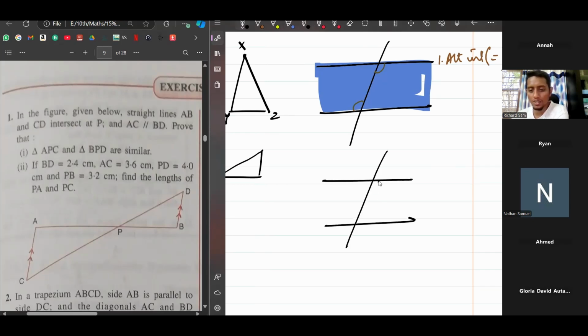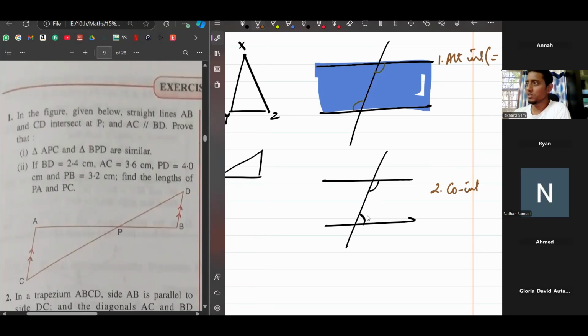Next property, this and this. What do you call this? Are they interior? Yes, both are interior and both are on the same side, so they are called co-interior. Remember this? Now, co-interior angles, do they look equal?